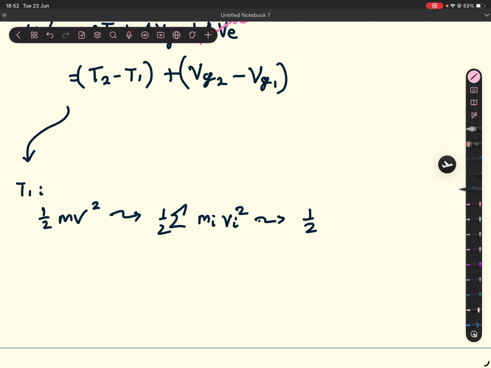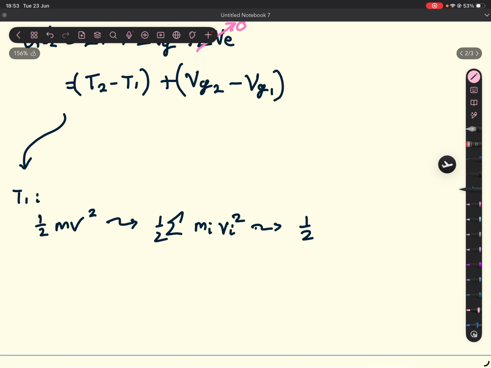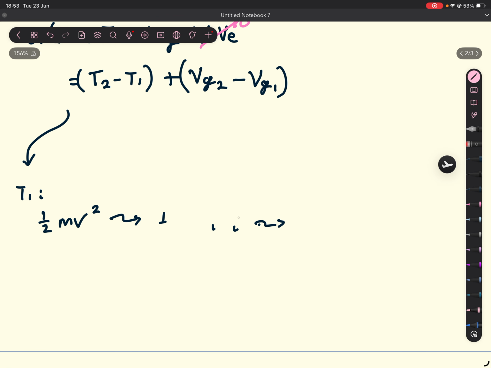So instead of looking at each and every single particle, we clumped everything into a point particle, and then took the total mass and the velocity of the center of gravity. So these are our two options. For state 1, it's easier to just use a half m total times Vg squared, because Vg is 0.